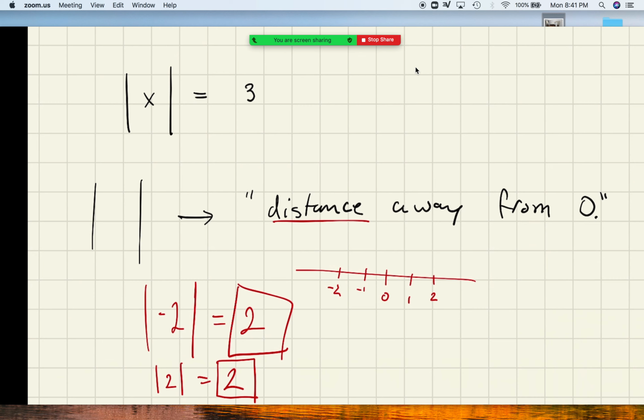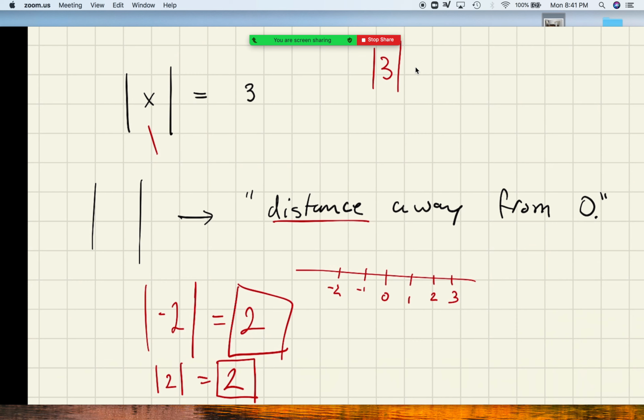The way to solve these equations: you can guess what numbers would work. You can plug in 3 and check. The absolute value of 3 just means the distance that 3 is away from 0. That's 1, 2, 3.